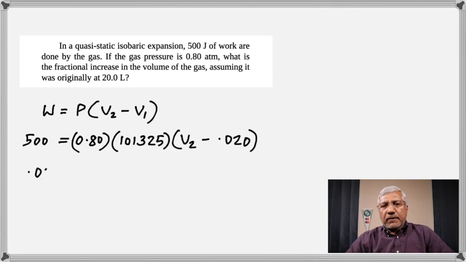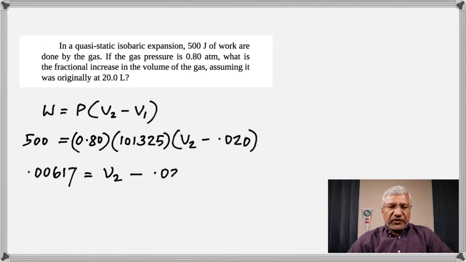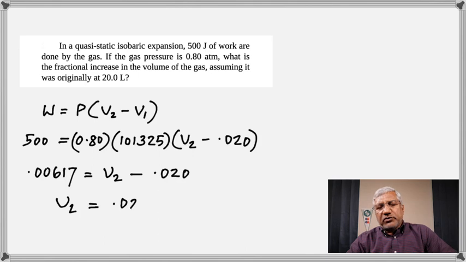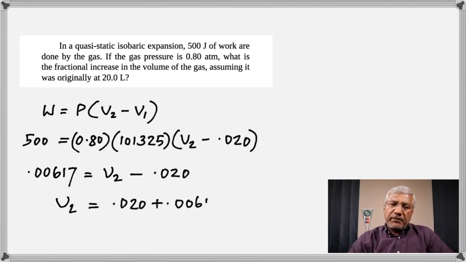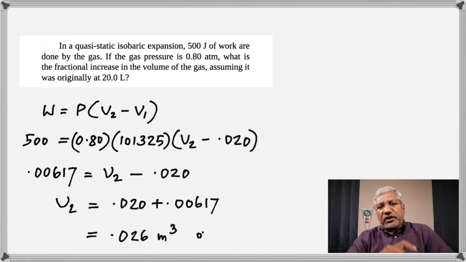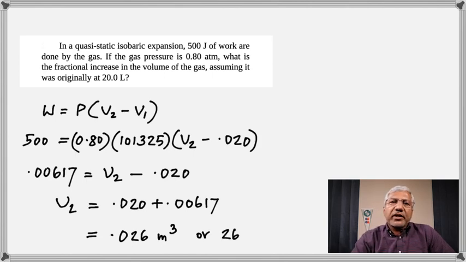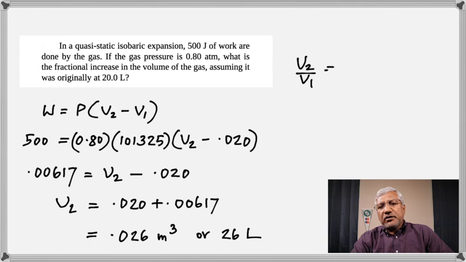So do the math now, and you could calculate the final volume. I'm not going to explain that. You can do that, and you get the final volume. Once you get the final volume, it's easy to find the fractional increase in volume. How do you do that? You find the change in volume divided by the original volume. Okay? So this is the ratio.